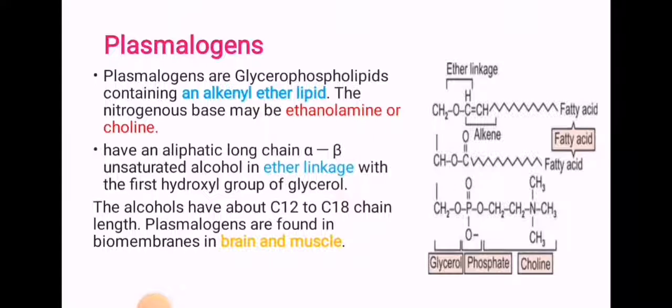These have an aliphatic long chain alpha-beta unsaturated alcohol in ether linkage with the first hydroxyl group of the glycerol. The alcohols have about 12 to 18 carbon chain length. Plasmalogens are found in the biomembranes of the brain and muscle.